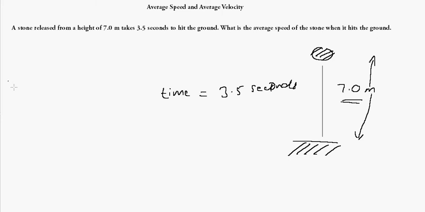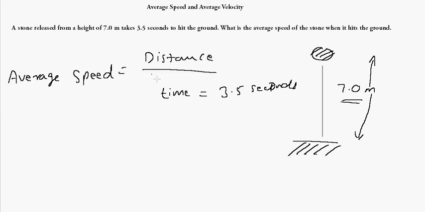Now the average speed is given by the formula distance traveled to the time taken.